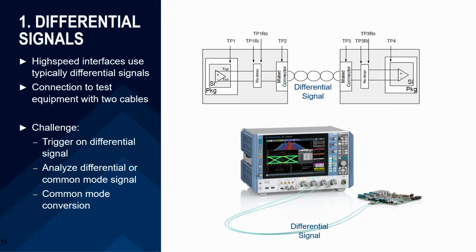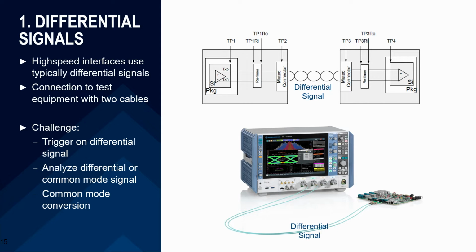So typically in test setups, I connect my oscilloscope to a device with 2 channels. So I have a board where I have, for example, 2 SMA connectors where I can do the test connection. So my differential signals is acquired with 2 individual channels of an oscilloscope.